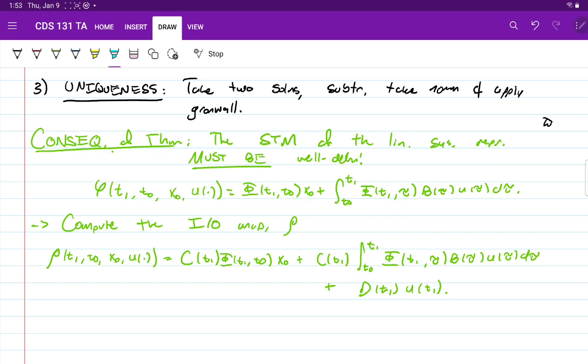There's a couple of interesting facts about this. First, we see that we actually have two separate components. This component in blue doesn't involve any input terms whatsoever. It just relies on the initial condition. So this is called the zero input response of the system.